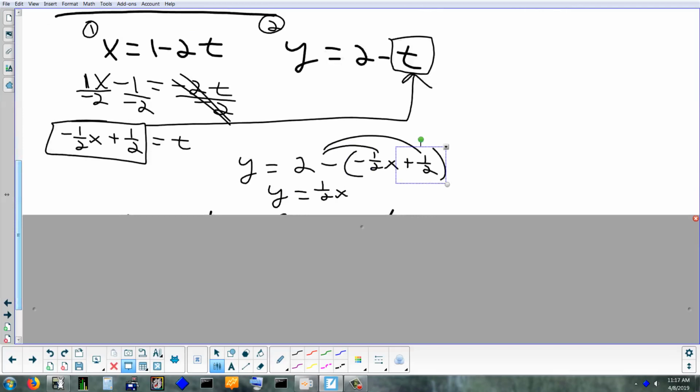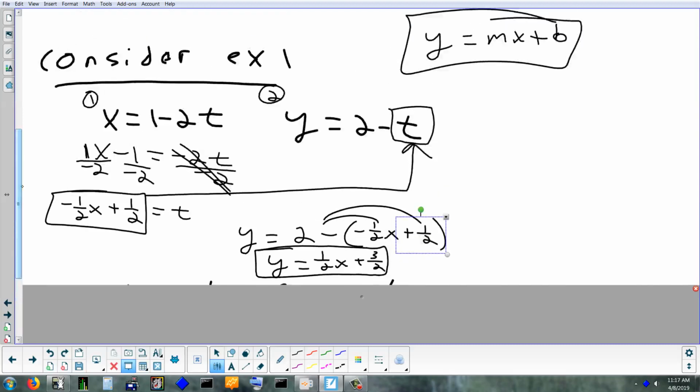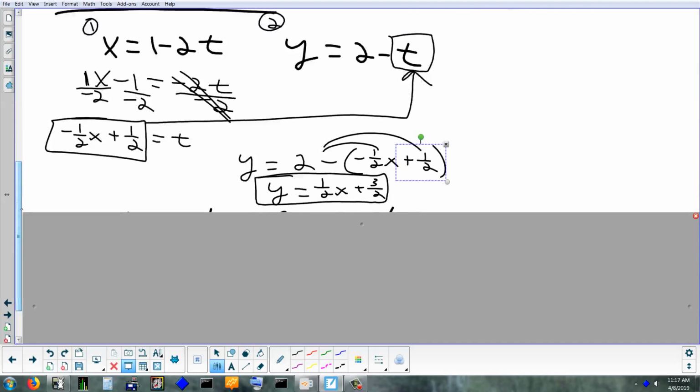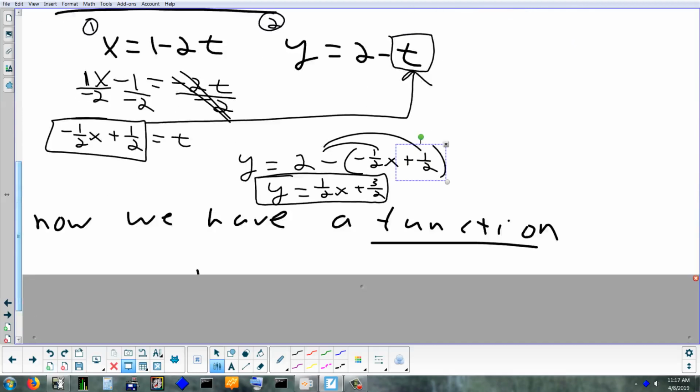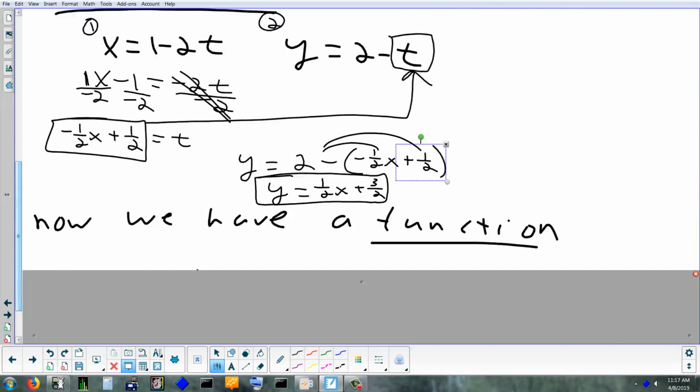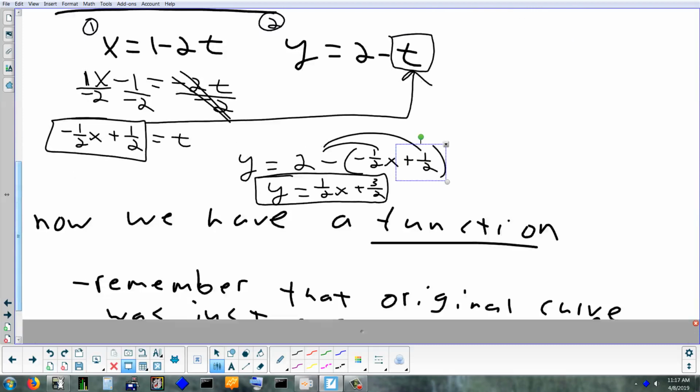You could write 3 halves, you could write 1.5. Either way, as long as you understand 3 halves is 1.5. And there's your equation. So what we just did is we took something that was parametric, got rid of the t. Now you have a function. Y equals 1/2 x plus 3 halves.